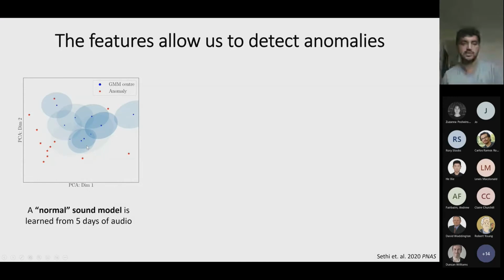And then you can say anything that falls significantly outside of this PDF is quite an anomalous sound. It's unsupervised anomaly detection, which is quite nice. It's going to tell you about what sounds are very rare or unexpected in your study system.